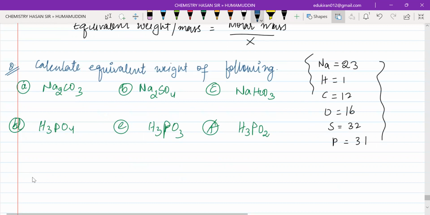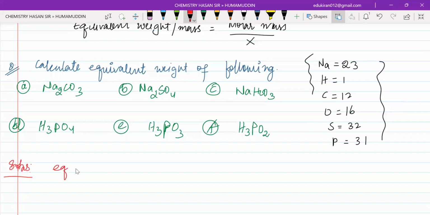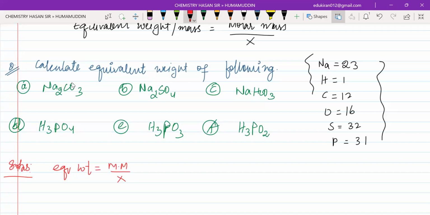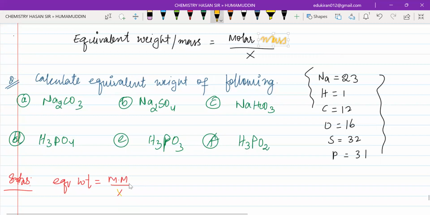As you can see, equivalent weight has a formula that is equal to molar mass upon X. So first of all, you are going to concentrate on molar mass.